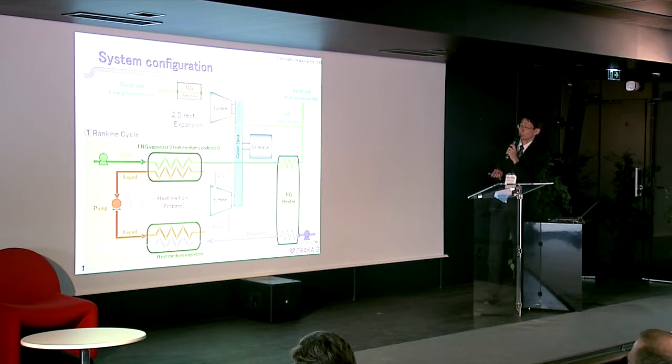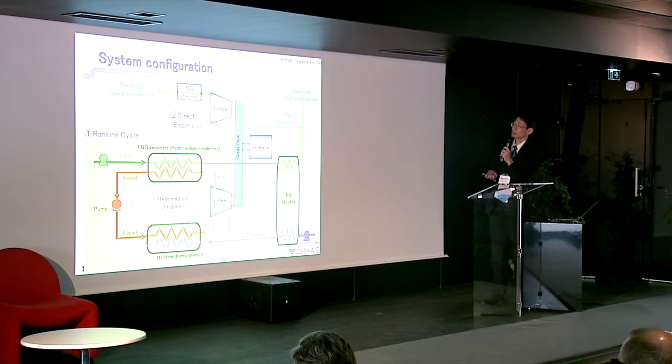This explains the system of cryogenic power generation. Heat medium is, for example, propane or freon. We use both, and the propane is pumped up and pressurized and vaporized by seawater, rotating the turbine and reducing pressure, but still vapor phase.